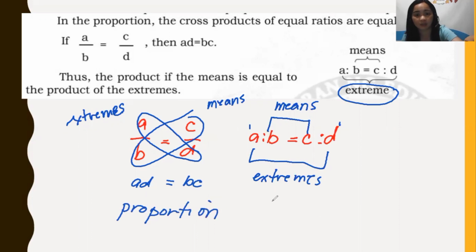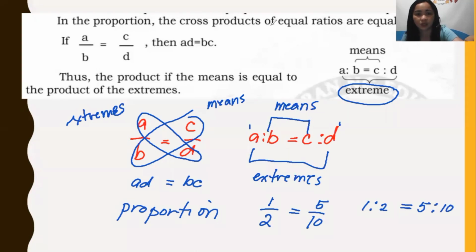Let's have an example. 1 is to 2 is equal to 5 is to 10. Or we can write in column form, 1 is to 2 is equal to 5 is to 10.